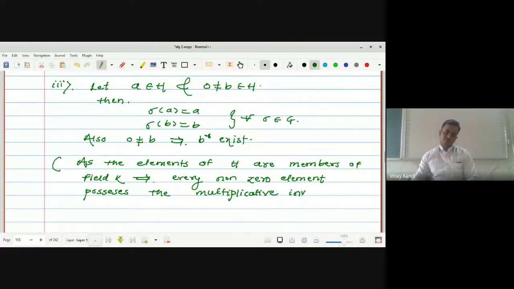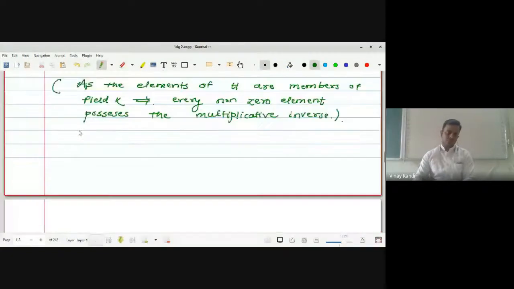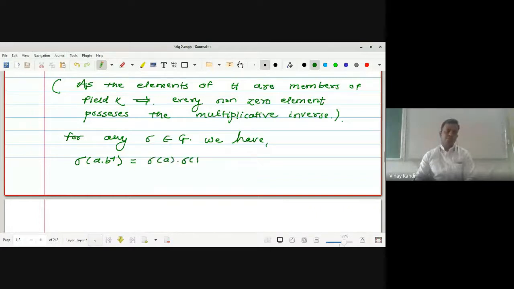Now, for any sigma belongs to capital G, we have sigma of A into B inverse is equal to sigma of A into sigma of B inverse. Okay, isomorphism preserves the multiplication.